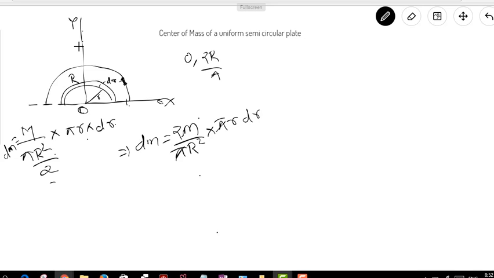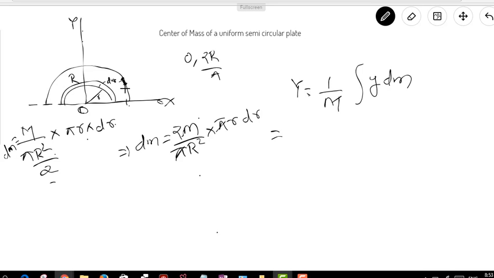We just need to find the location of the center of mass. In this case we have to find the y coordinate of the center of mass, which will be 1 by m integral of y dm.